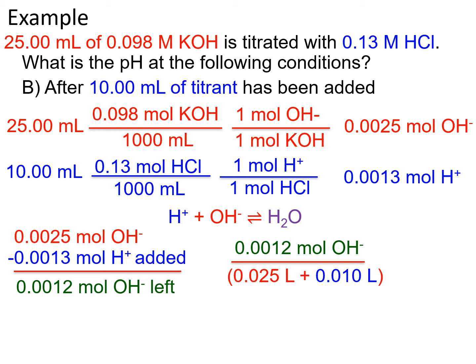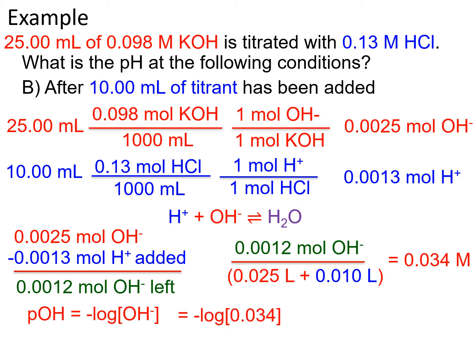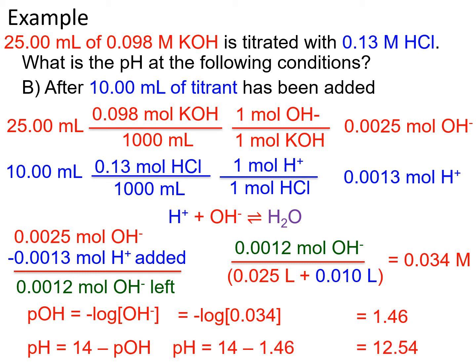Again, 25 milliliters from my basic solution, 10 milliliters from my acid solution. I then have a new molarity. I can then calculate pOH, subtract from 14, and then I will get my pH of the solution.